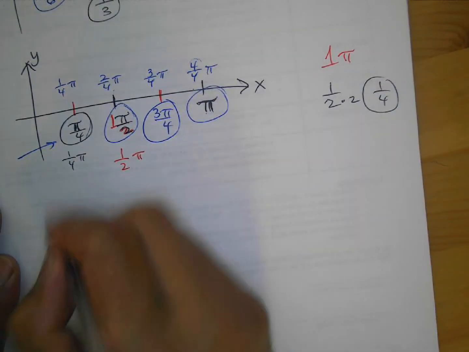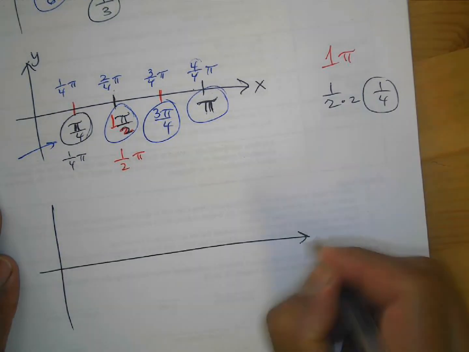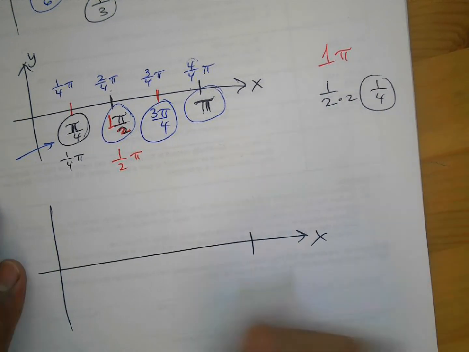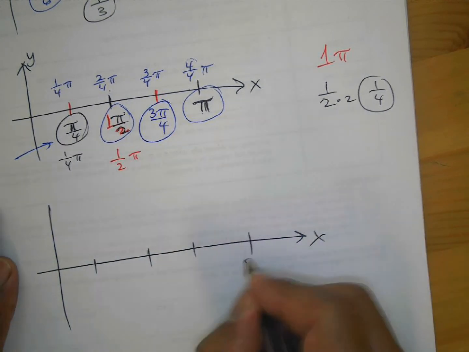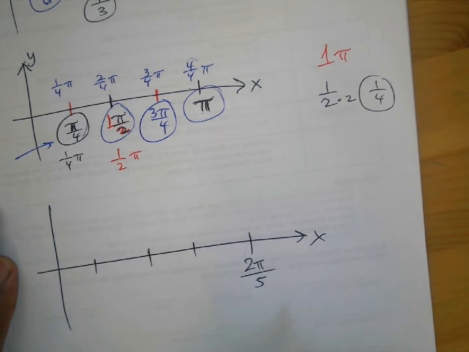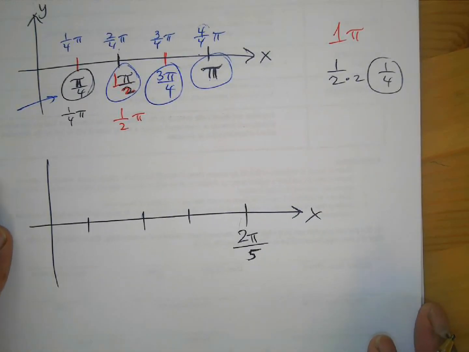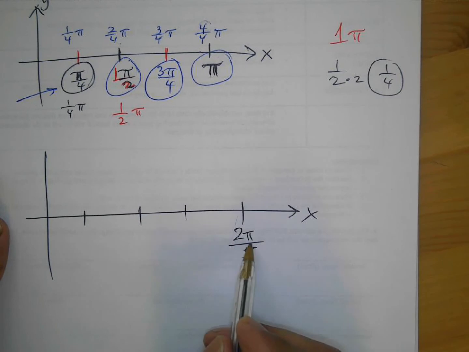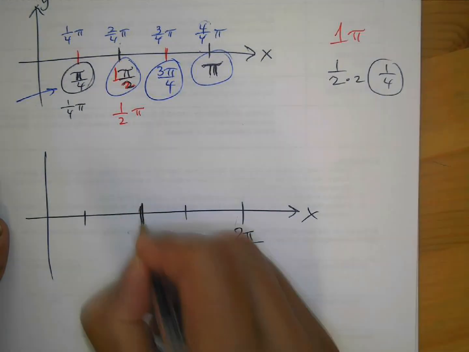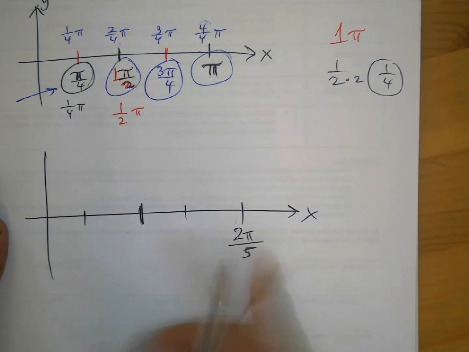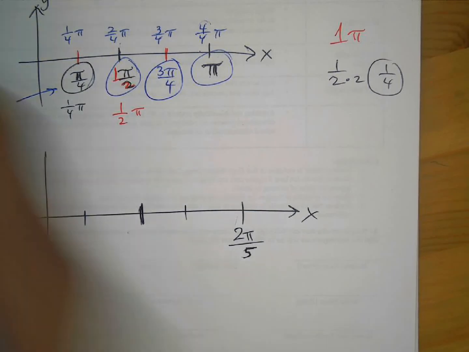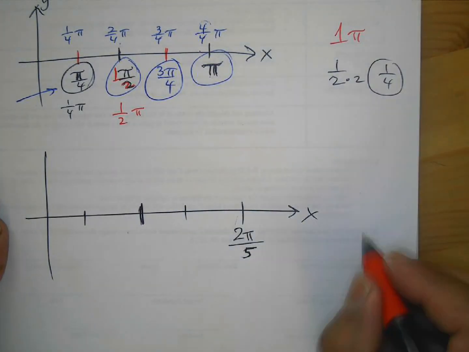Okay, last one. 2 pi over 5. I want to get here to the halfway mark here. This is the whole thing, so it would be half of 2 pi over 5.